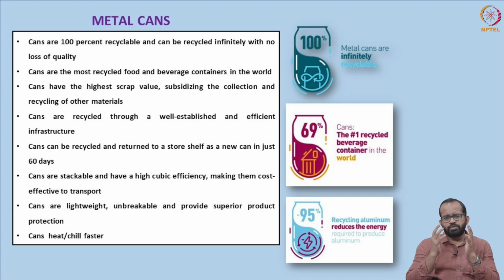And cans also have stackable and high cubic efficiency, making them cost effective for transportation, because the stackability of the metal containers is very important, because unlike the plastic containers, it is rigid. Since it is a rigid container, if you design it carefully, that is why most of the cans are cylindrical. Why are most of the cans cylindrical, not made into other shapes? Because cylindrical shape will support more number of cans per square meter area.